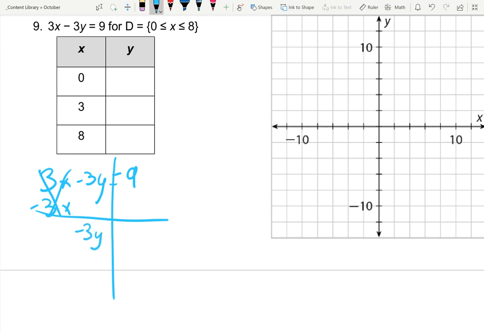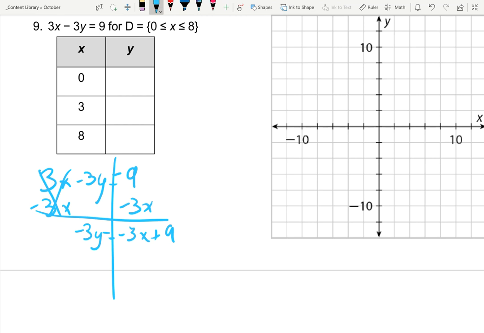But since I subtracted 3x on the left, I have to subtract 3x on the right as well. So that leaves me negative 3x plus 9. It's the same thing as 9 minus 3x, but I like to get in the habit of writing the x term first. So it is a negative 3x, so I have a minus 3x, and then it's a positive 9, so I had the plus 9.